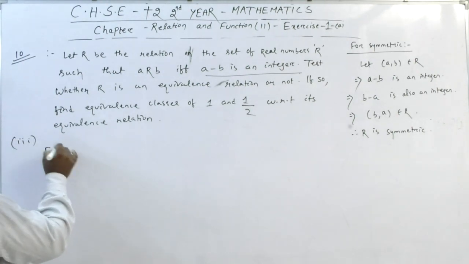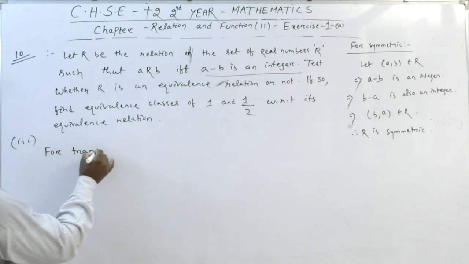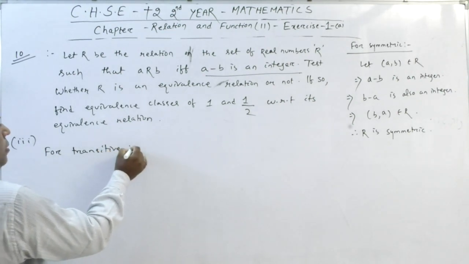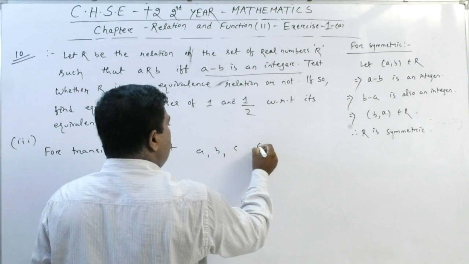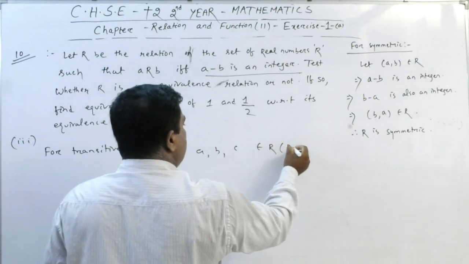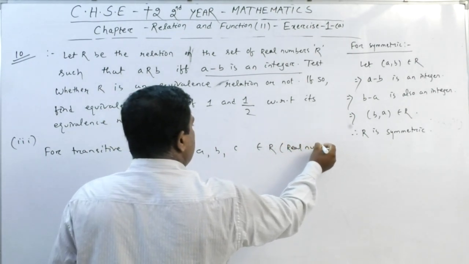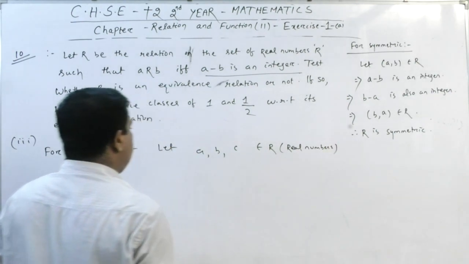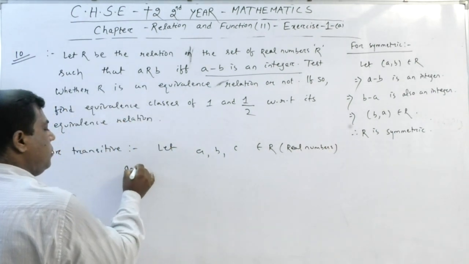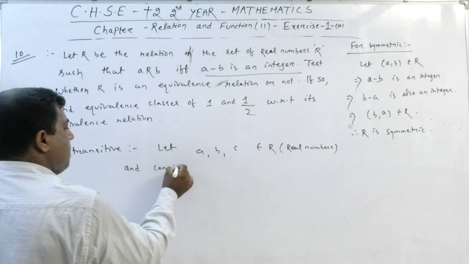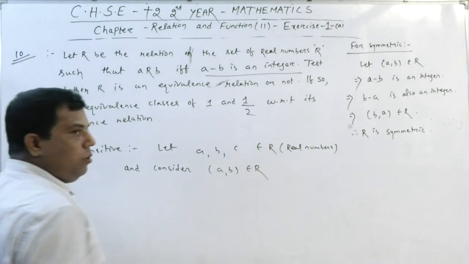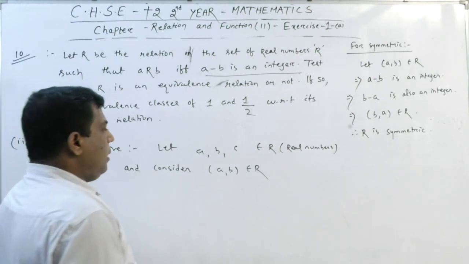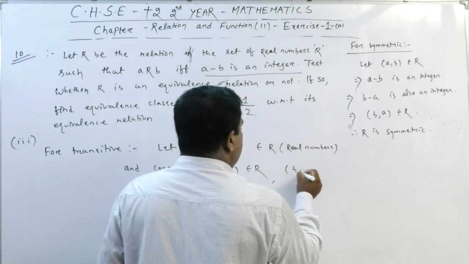For transitive, we take any three real numbers a, b, c belonging to R. And consider the ordered pair (a, b) belonging to R, and (b, c) also belonging to R.